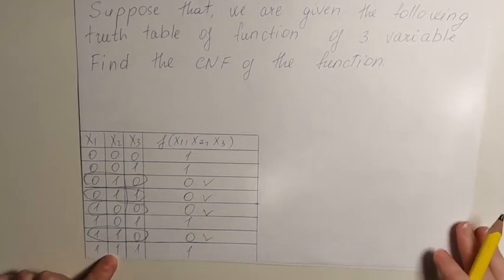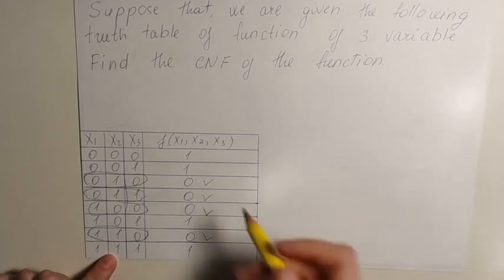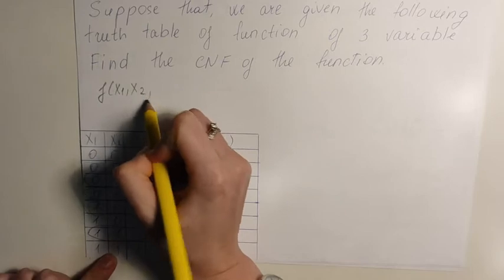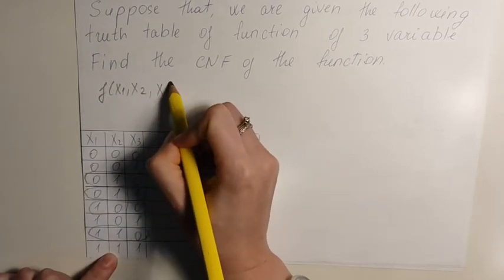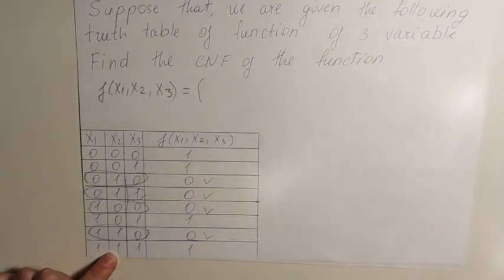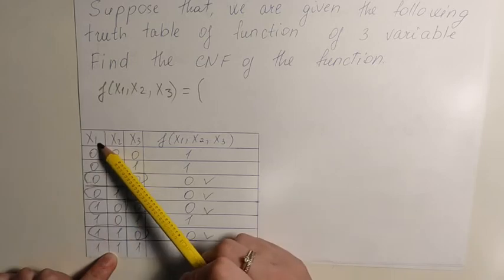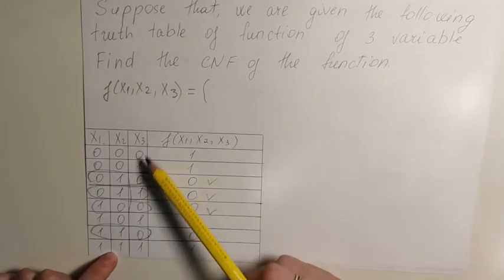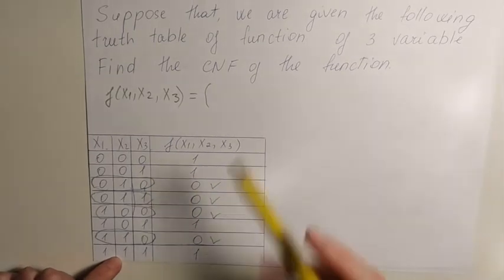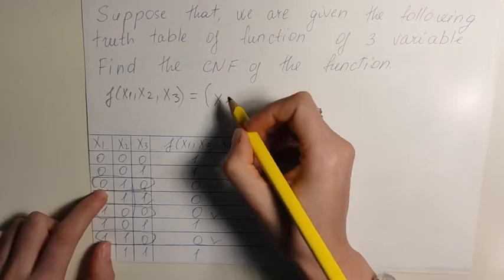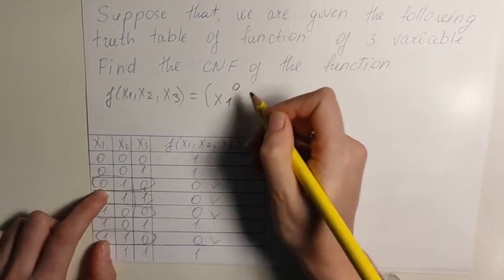So again, what should we do? We should write f(x1, x2, x3) is equal to, for the ordered triples in which our result is 0: x1 0, x2 1, x3 0.